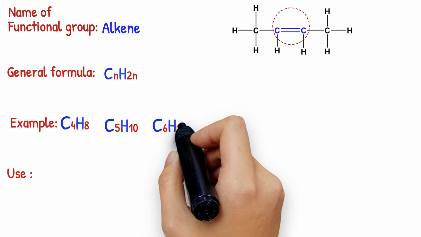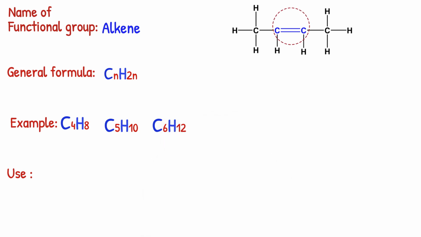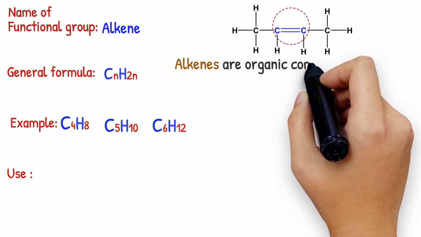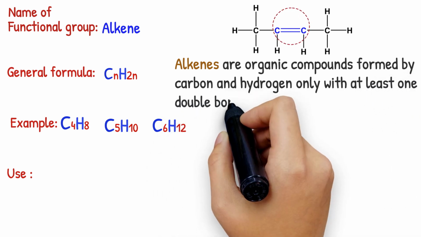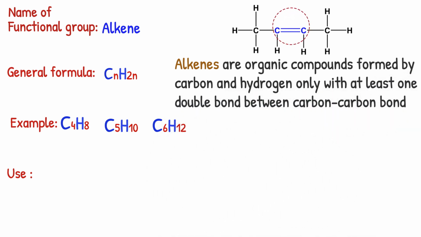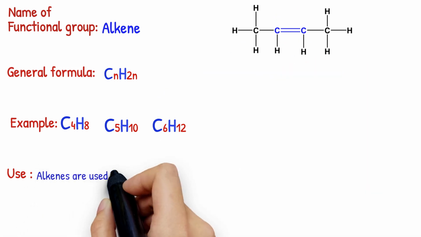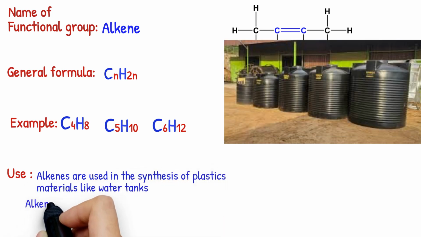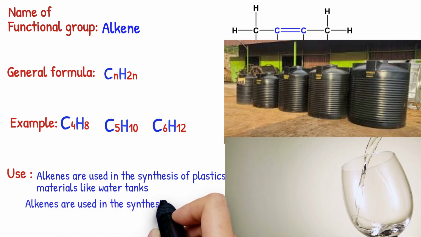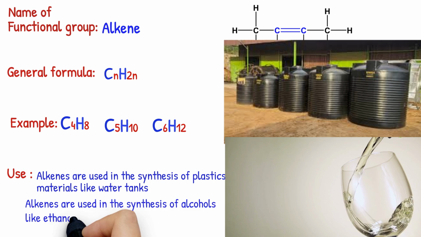Alkene with 6 carbons will have 12 hydrogens, and so on. Alkenes are organic compounds formed by carbon and hydrogen only with at least one double bond between carbon-carbon bond. Alkenes are used in the synthesis of plastics materials like water tanks. Alkenes are used in the synthesis of alcohols like ethanol.